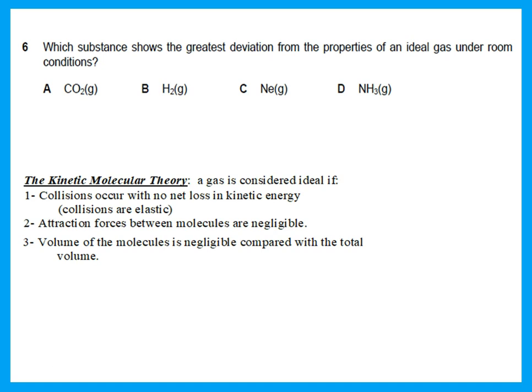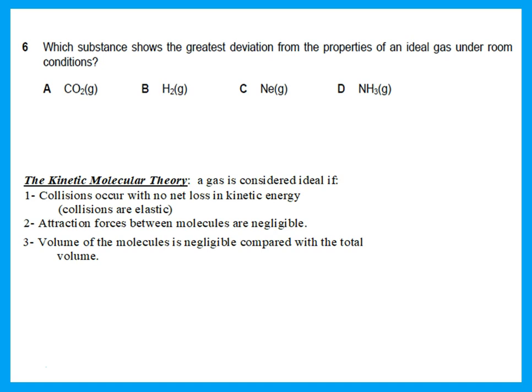Attraction forces between molecules are negligible, so we're looking for something that does not have strong attraction forces between molecules, and the volume of molecules is negligible compared to the total volume. So if a gas has all of this, it is regarded as ideal. But most gases are not ideal. So he's saying which of these will show the greatest deviation. So which of these will not be ideal the most?